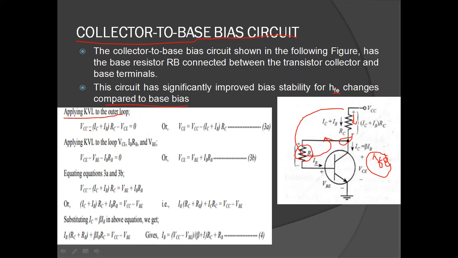Whenever the current direction is going from positive to negative, it should be taken as minus. Minus IC plus IB into RC minus VCE. So I'm sorry, this is not the loop.